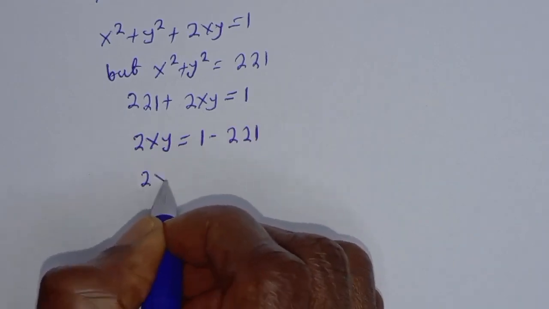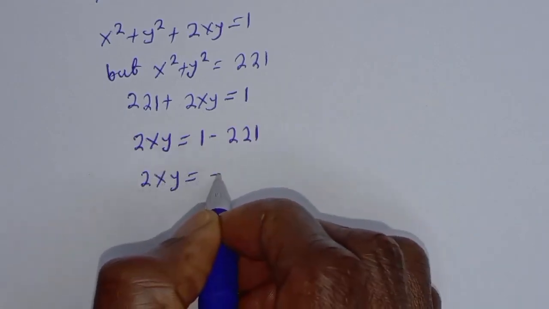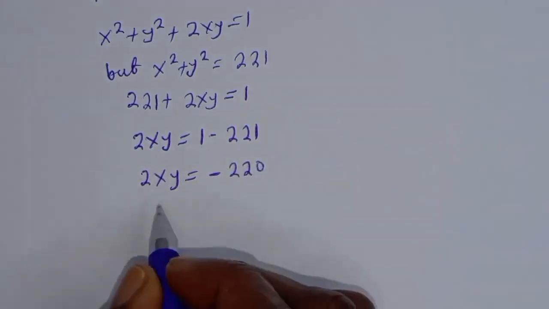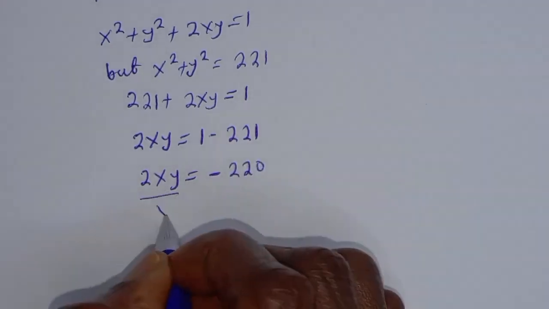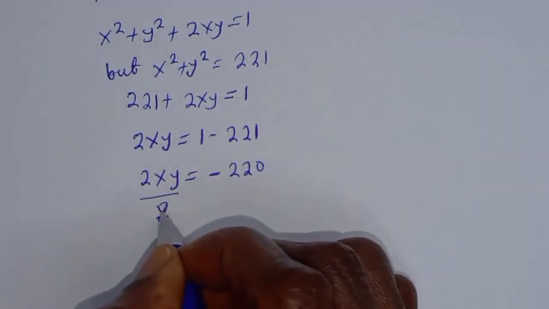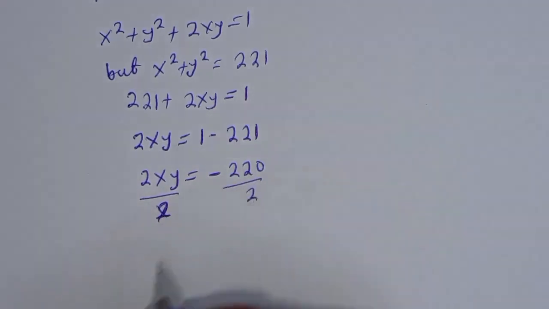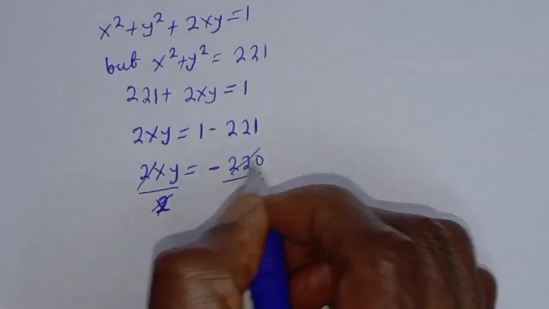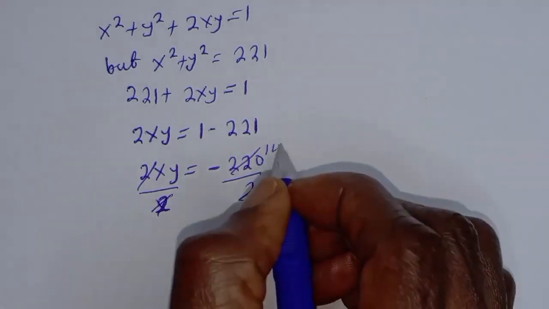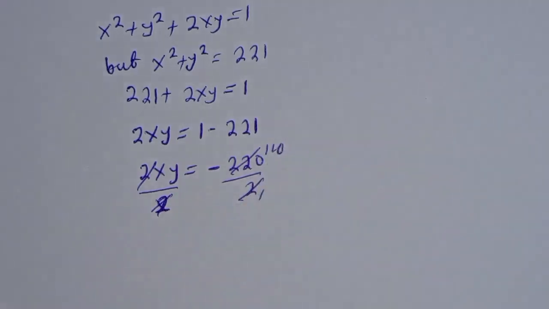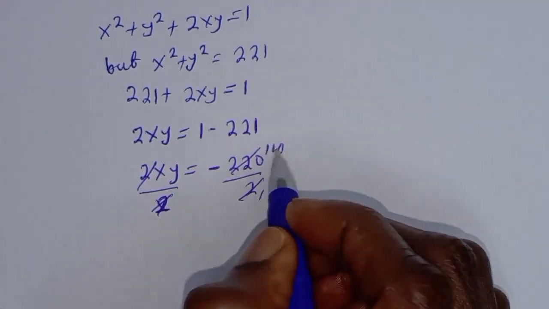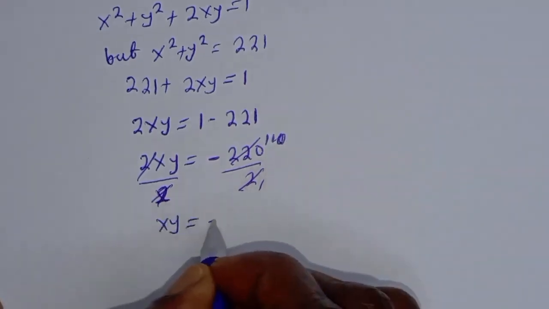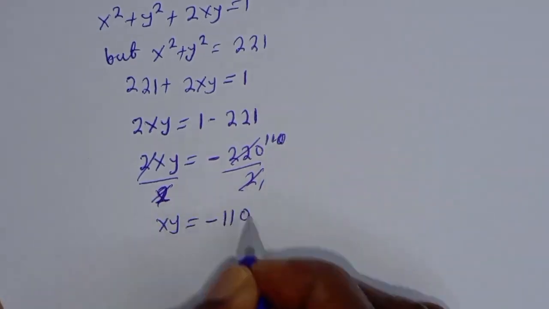Then 2xy is equal to minus 220. Let's divide both sides by 2. This will cancel this. Then xy is equal to minus 110.